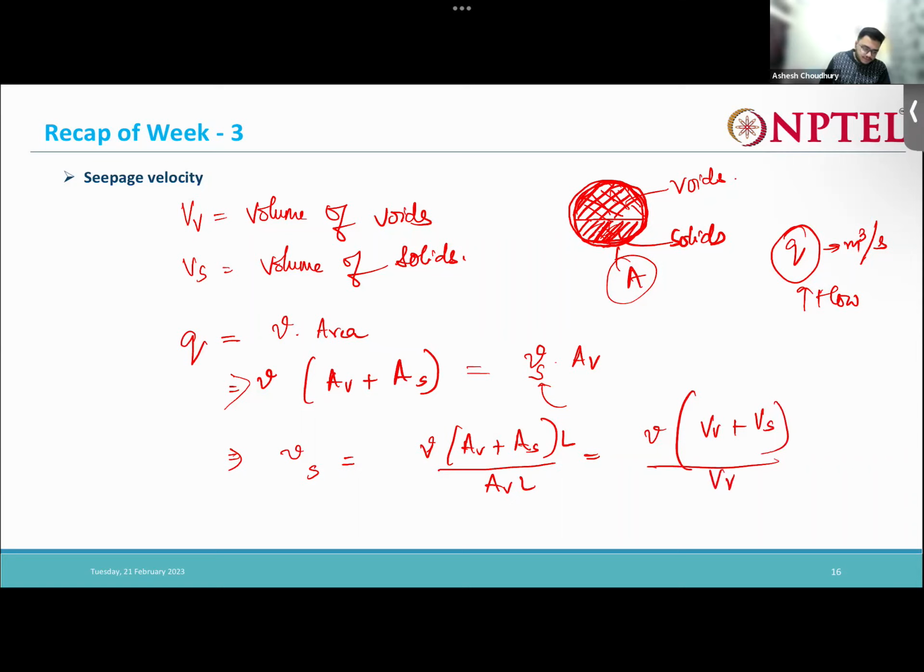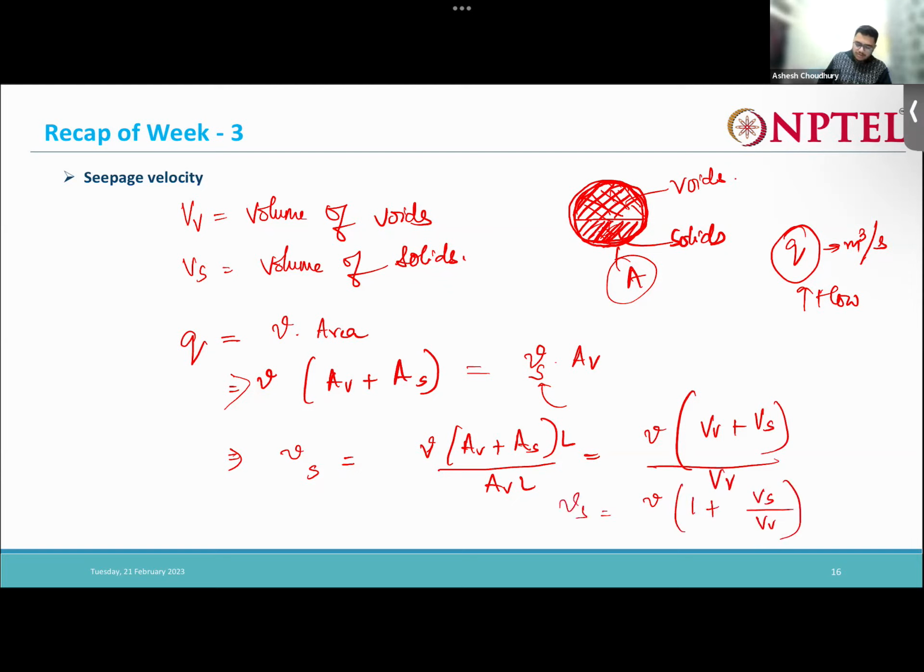Correct? Now, if we write it, Vs is equal to V into (1 plus Vs by Vv), right? You can write this.